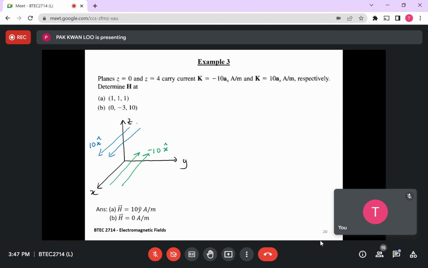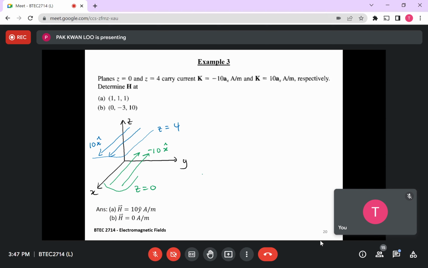So this region here is at z equals 4, and this region here is z equals 0.